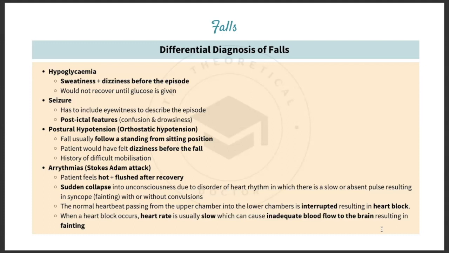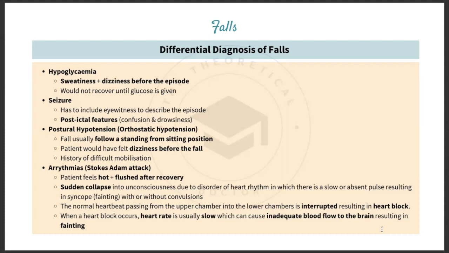So basically this happens when, in the normal heartbeat, the electrical wave passes from the SA node to the AV node. And what happens is, if there's a blockage, the electrical impulse doesn't pass from the SA node to the AV node. If there is an interruption, this will result in heart block.